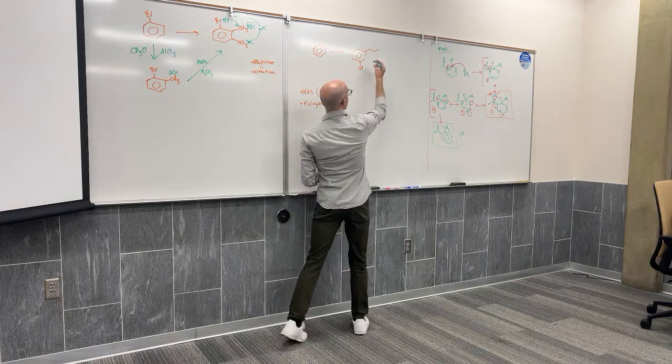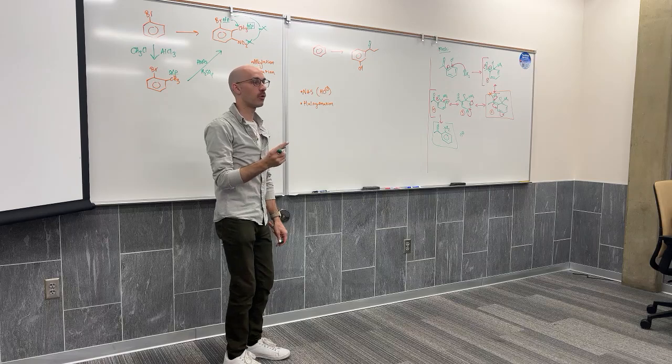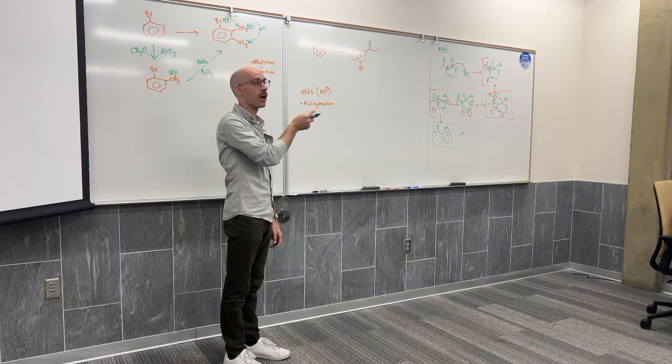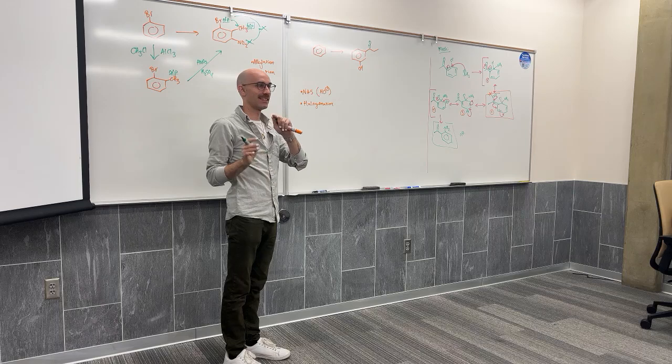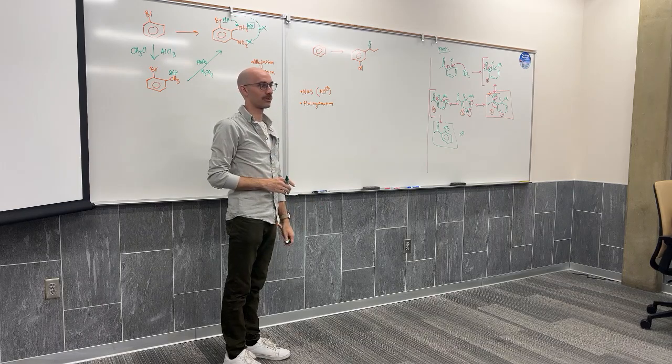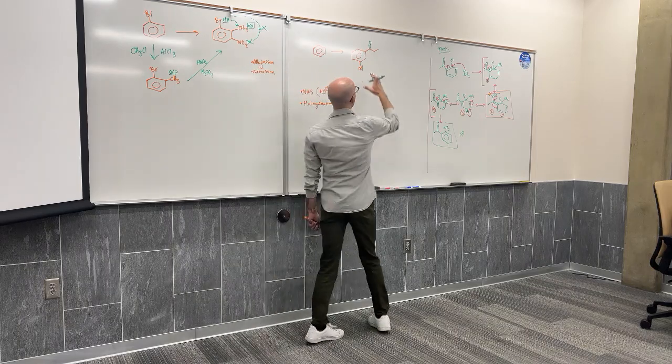What if this wasn't a straight alkyl chain? But what if it was previously a carbonyl, and I took that carbonyl down to an alkyl group? I do hydrazine and potassium hydroxide.